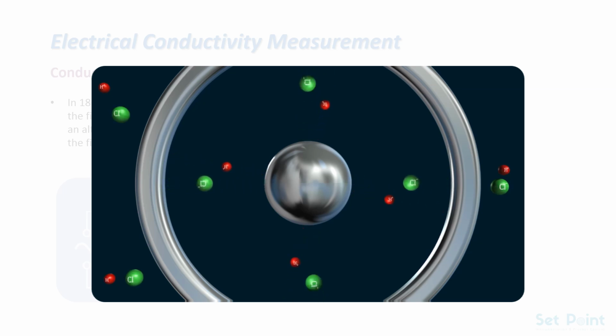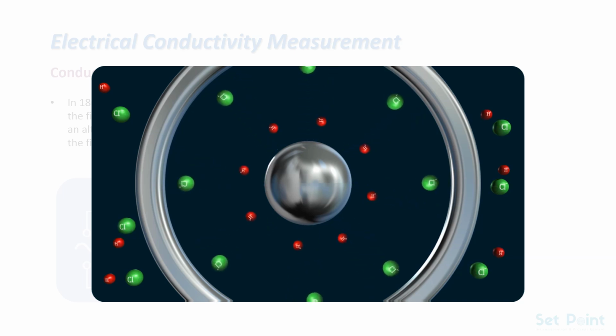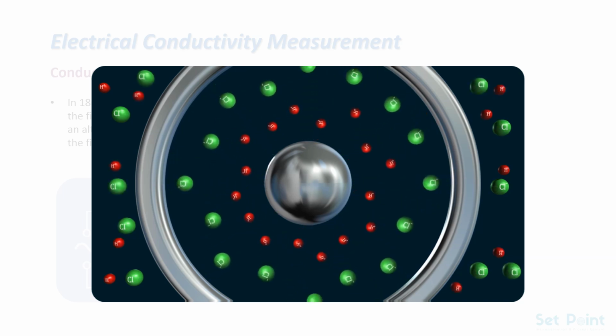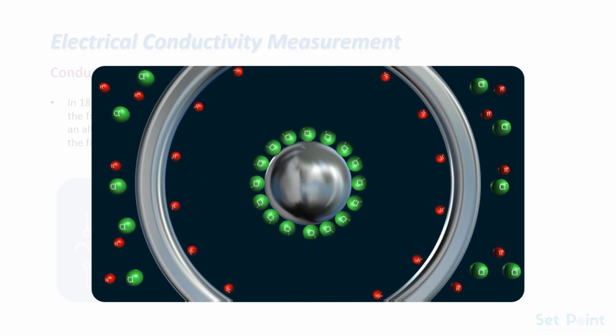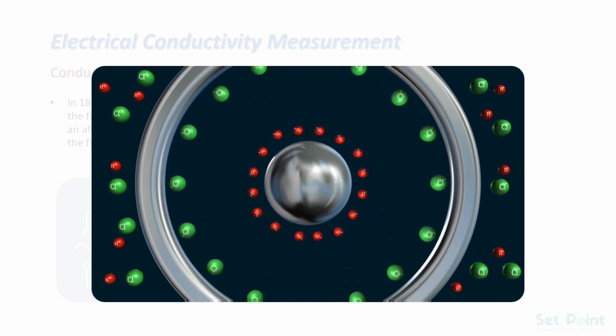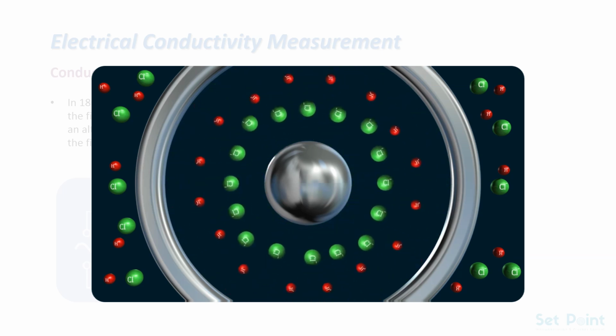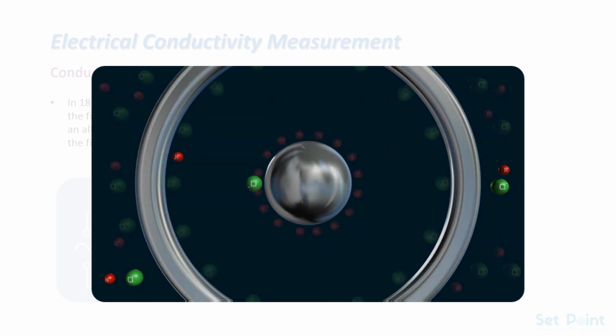The more free charge carriers the liquid contains, the higher the electrical conductivity and the current flow. A 10% acid, for example, is a very good conductor because it contains many ions that transport the charge. In contrast to this, pure and ultrapure water are bad conductors because they contain only few ions.